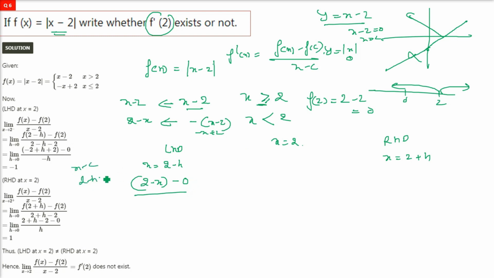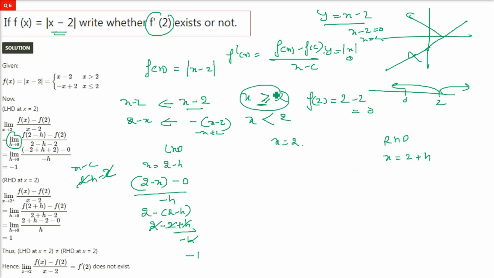Let us replace x by 2 minus h here. 2 minus h minus 2 will be negative h. In the numerator, 2 minus x becomes 2 minus 2 plus h, the 2 gets cancelled, you have h divided by negative h. So h gets cancelled and you get negative 1. Please remember, everywhere you have to write limit h tends to 0 on every step.